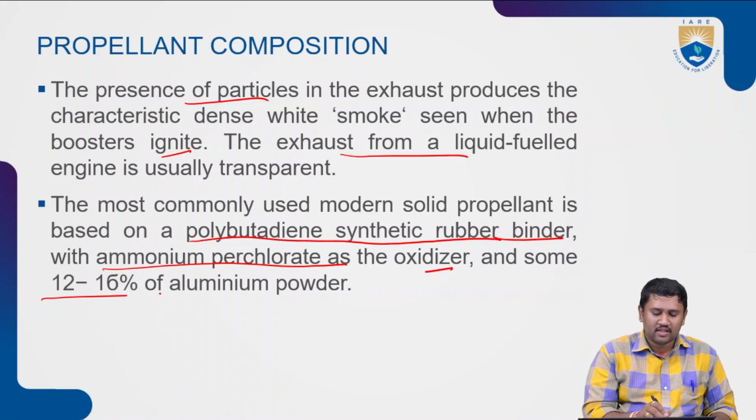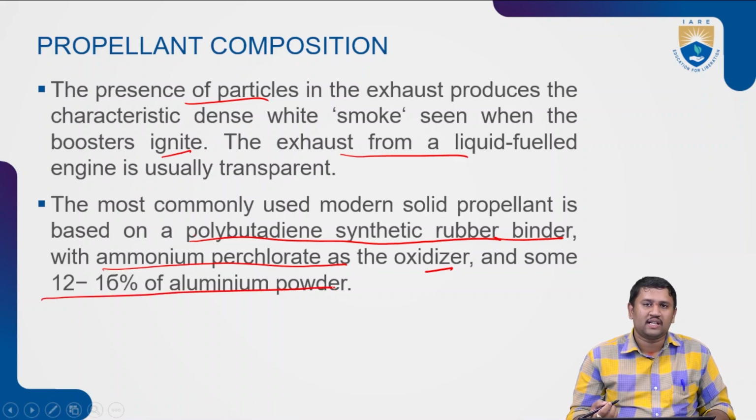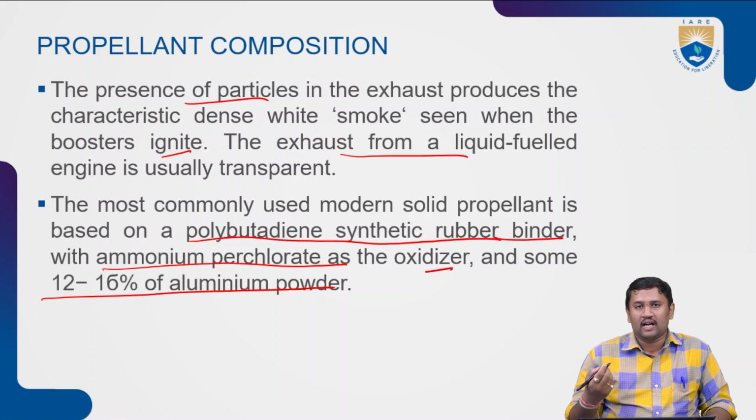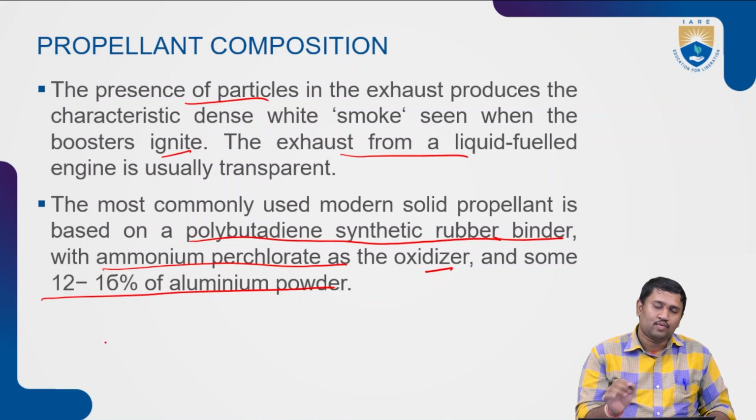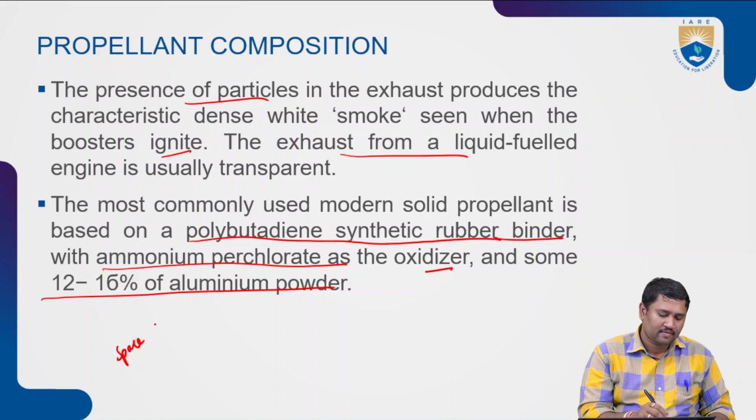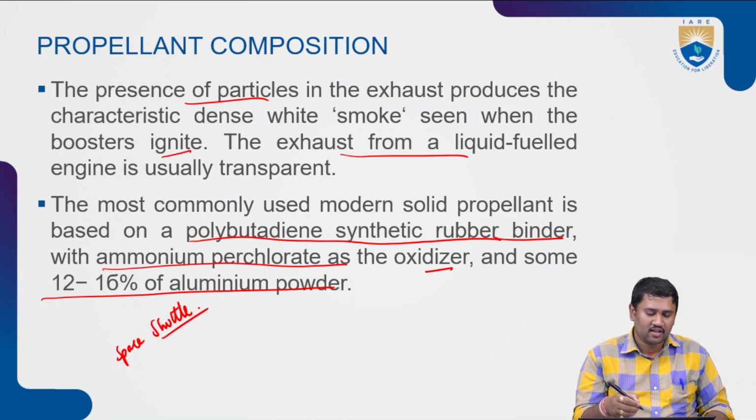And 12 to 16% of aluminum powder is added as an additive in order to enhance the performance of the rocket. Currently, these types of booster combinations were used particularly in the space shuttle boosters, which are discontinued now.